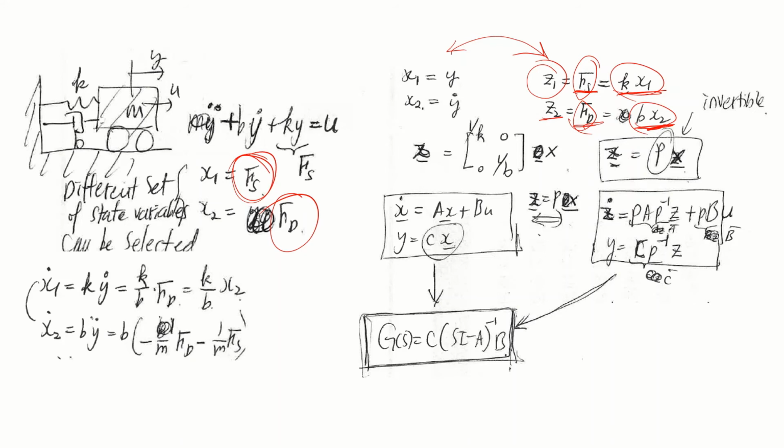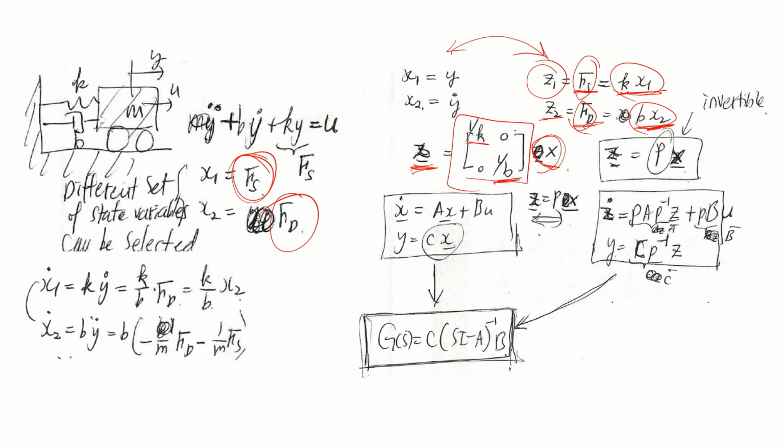You can put this in a matrix like this. Z is this matrix times x. Okay, so k times x1 gives you z1, and b times x2 gives you z2.